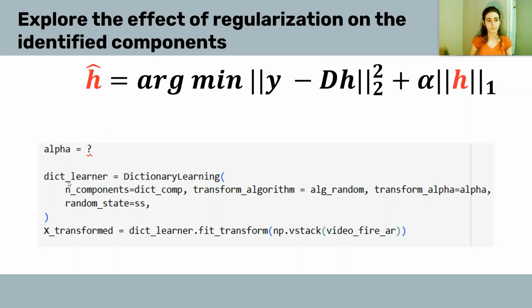So here, you need to choose some regularization strength, alpha. Then you train a dictionary learning model with this regularization strength, okay, where alpha controls how sparse the decomposition is. And then you can observe the results.